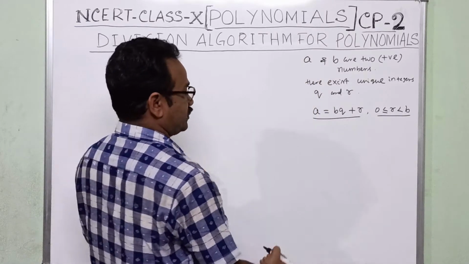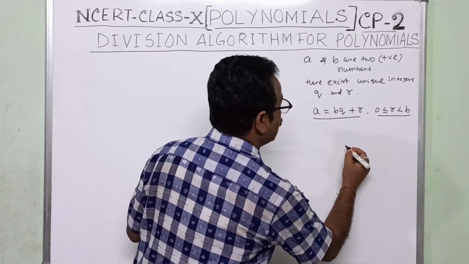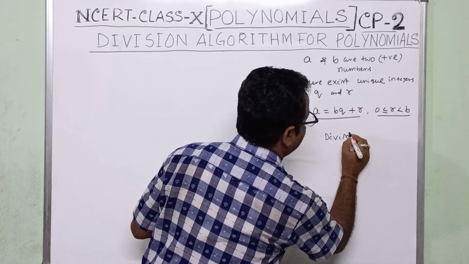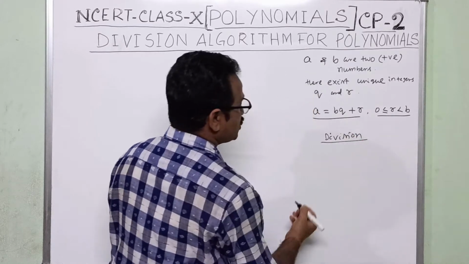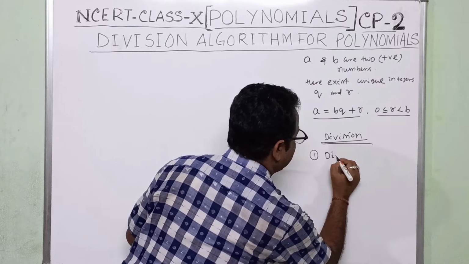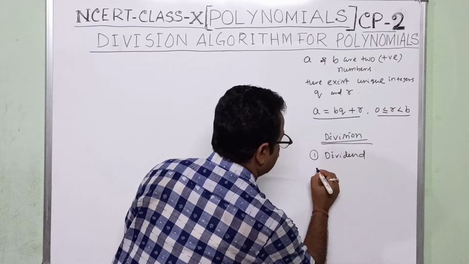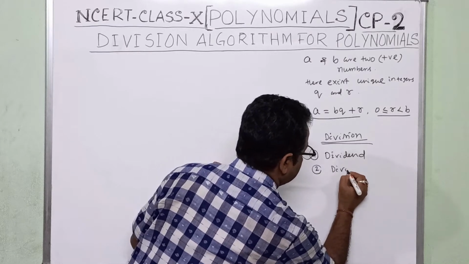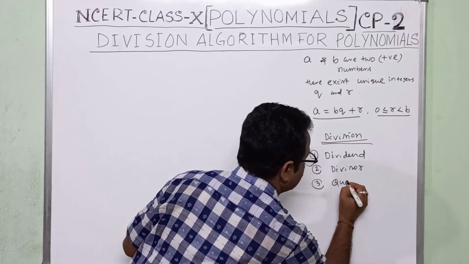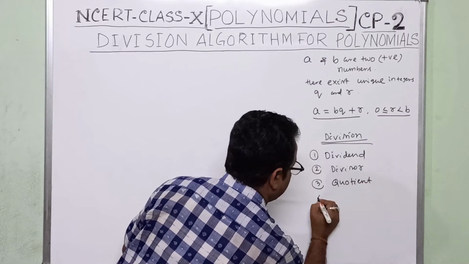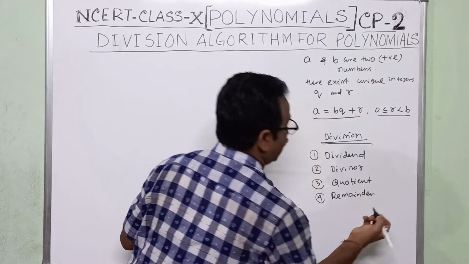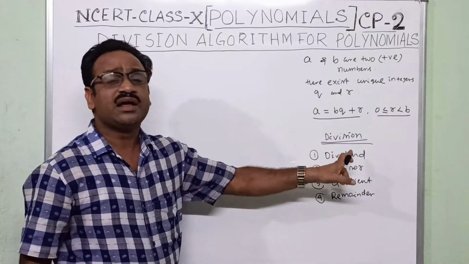So in division, we get the terms dividend, divisor, quotient and remainder. These terms we are getting in division.